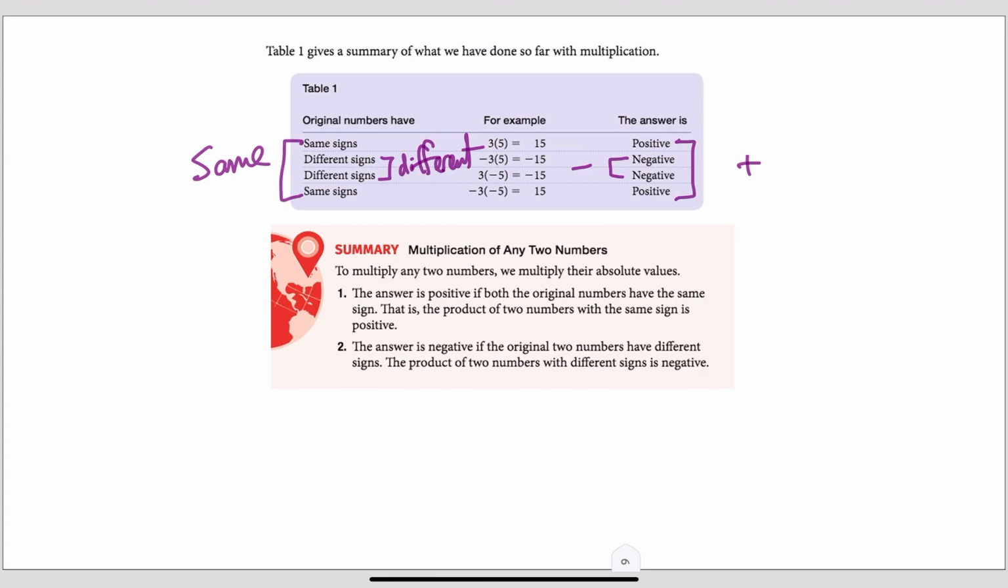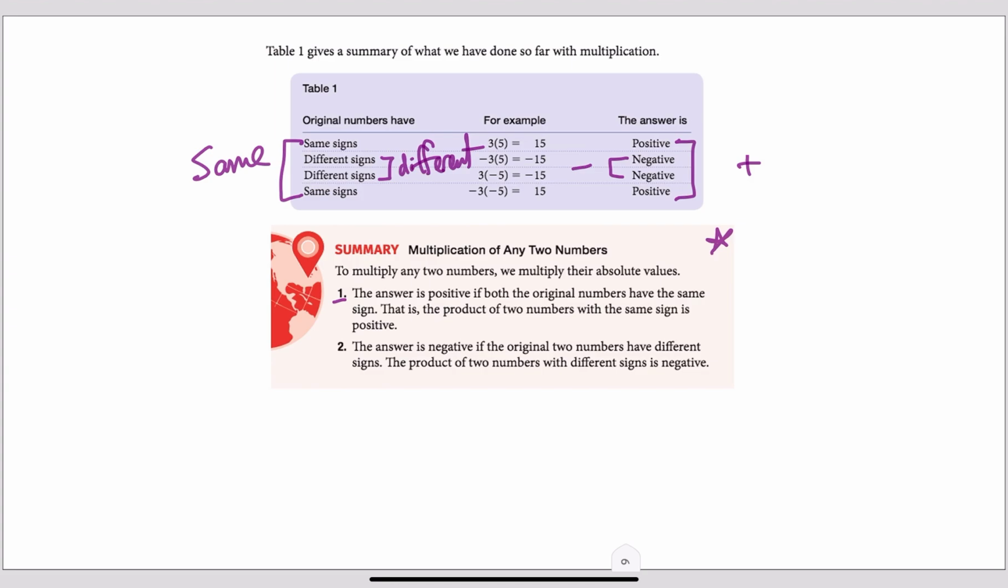And let's look here. So this is kind of the summary of what we've done, multiplication of any two numbers, any two integers, right? So we're not talking about fractions, decimals, percents, anything like that yet. We're just talking about integers, the whole numbers, and their negative counterparts. So I'm looking here at number 1. The answer is positive. So the result of multiplication is positive if the original numbers have the same sign, right?